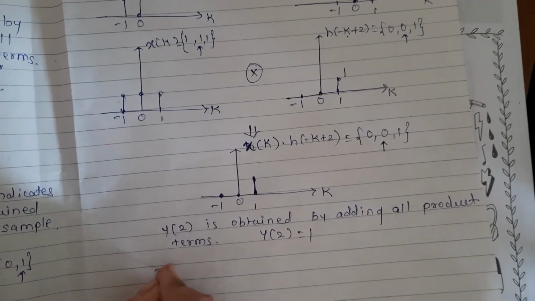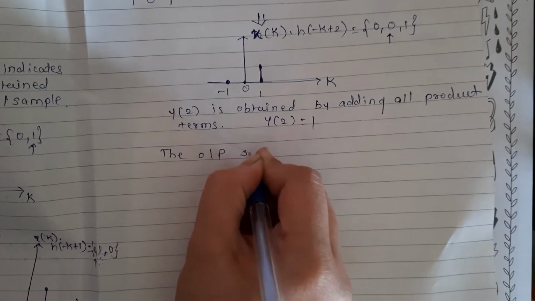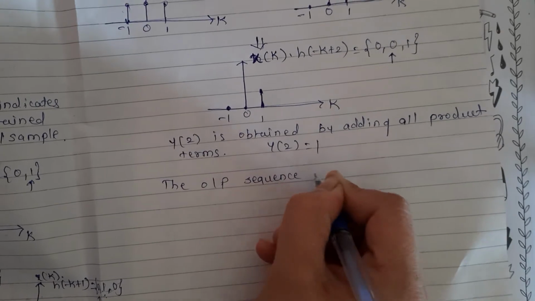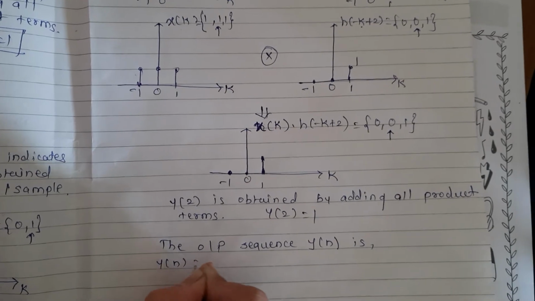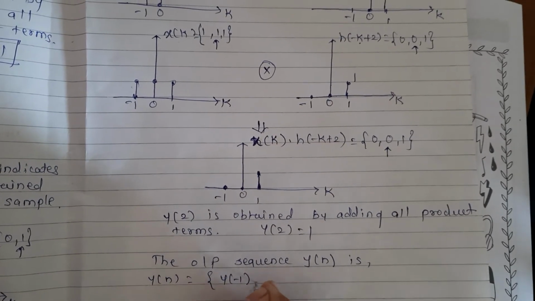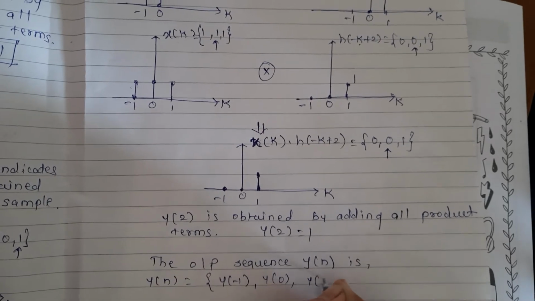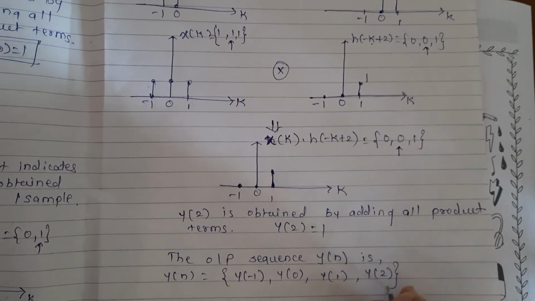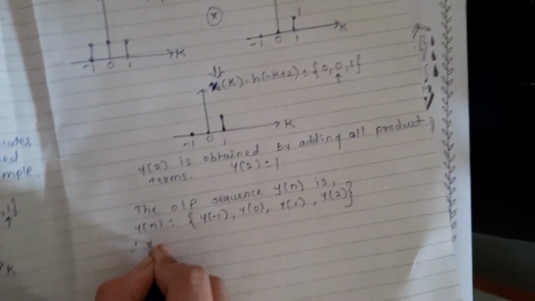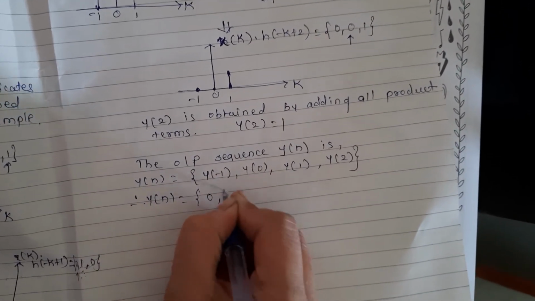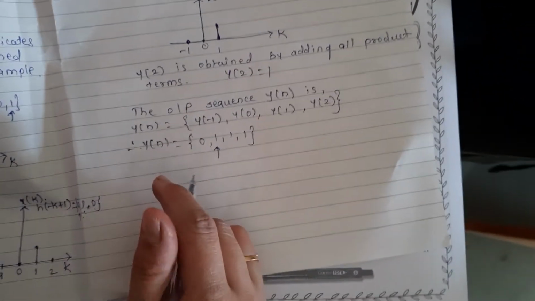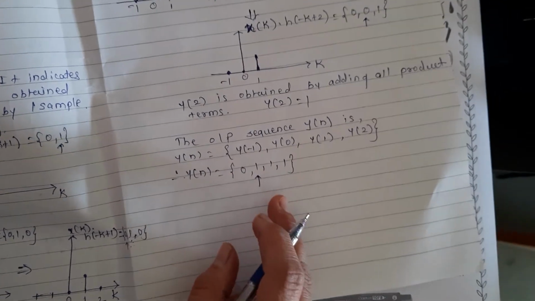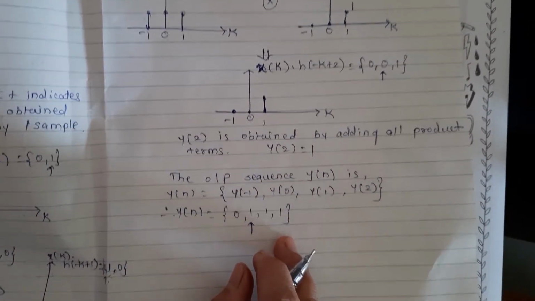Now the output sequence y of n. Therefore y of n is equal to 0 0 1. Now we have to draw this sequence.